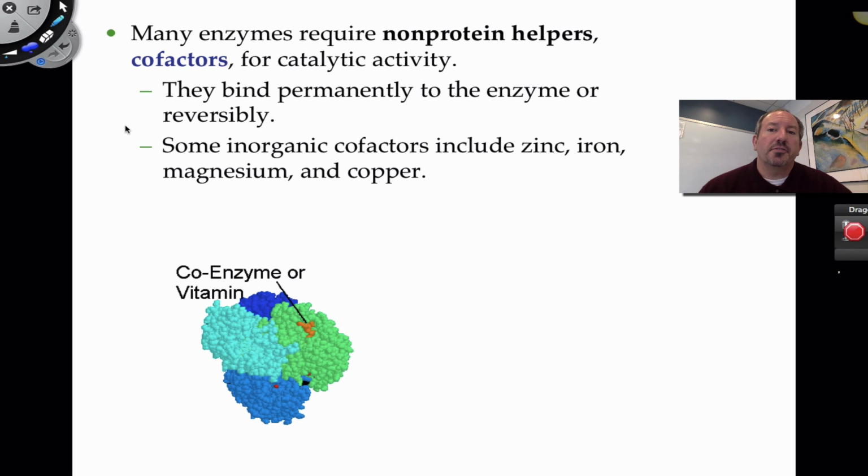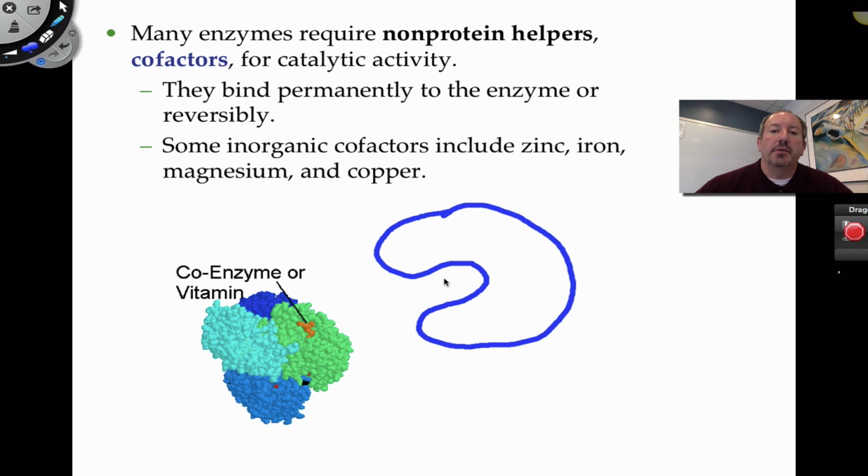Now, here's something. Enzymes don't seem to work best alone. For example, a baseball glove. Remember, if you've watched the previous video, a baseball glove seems like it can catch a ball, but as it turns out, if there's a non-protein molecule embedded in the active site, it will fit a little bit better if you stick something in there.